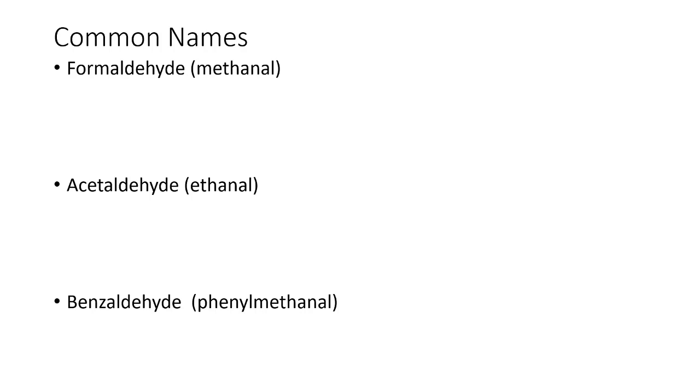Formaldehyde or methanal is where we have our aldehyde functionality that is also attached to only one other hydrogen. So we only have one carbon atom in formaldehyde or methanal. Acetaldehyde or ethanal is where we have once again our aldehyde functionality associated with one other carbon atom.